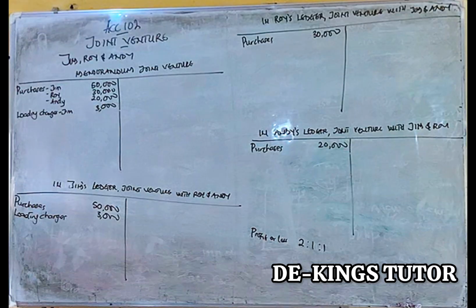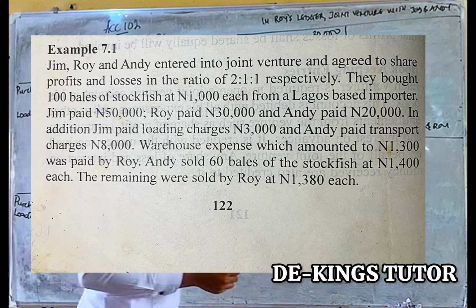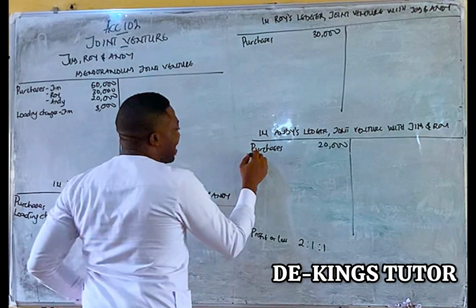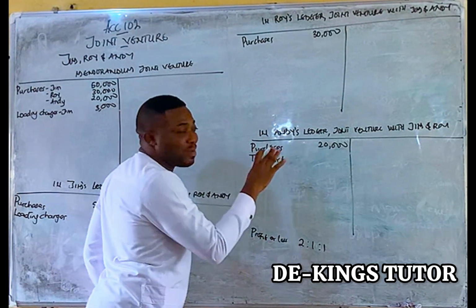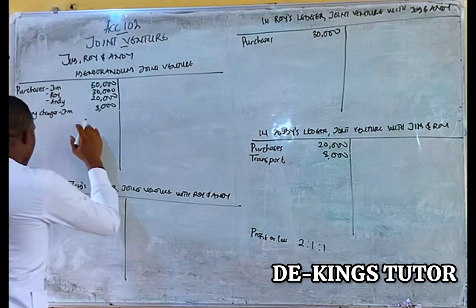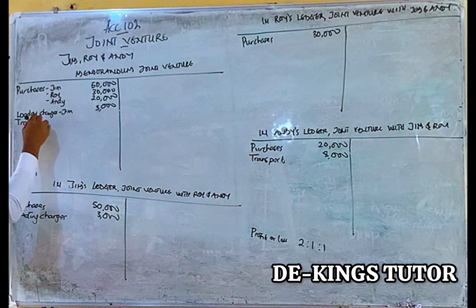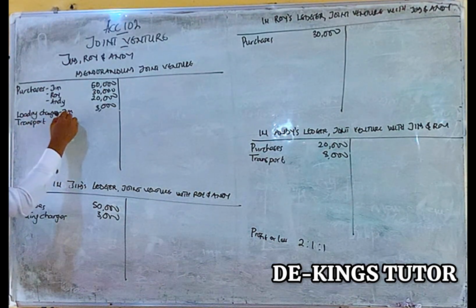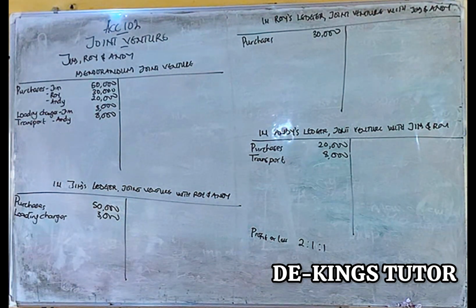The next one. Andy paid transport charges, 8,000. So we'll come here, transport, and debit also, since it's an expense. How much? 8,000. Andy, 8,000. Continue.